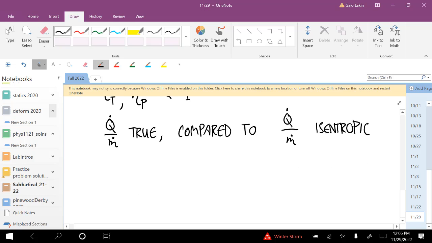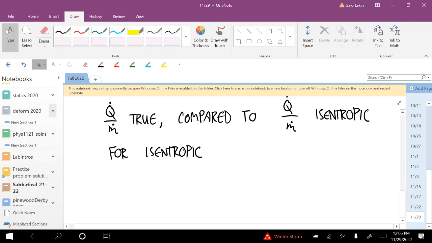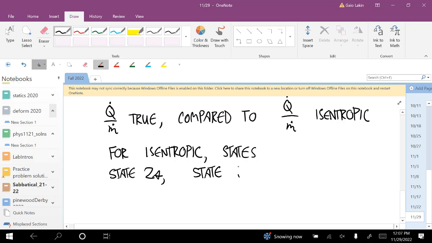So for the isentropic case, we would calculate these states like state 2s and state 4s.